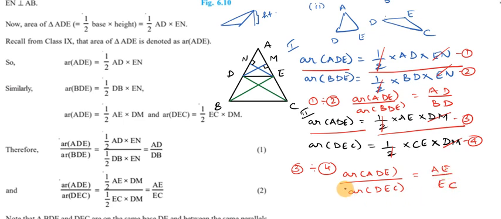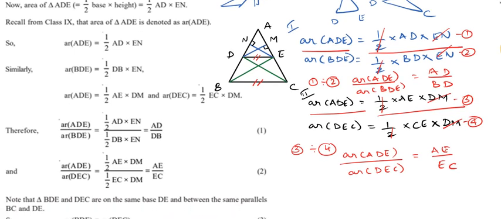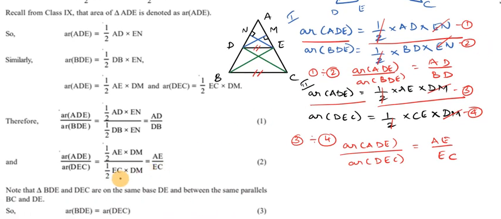We know that these triangles, that is my triangle BDE and DEC, are on the same base. What is the base? ED. And they are between the same parallels, because we are already given that DE and BC are parallel. So these two data we are given. So from this we can say that the areas of these two triangles are equal. What is equal? Area of triangle DEC and area of triangle BDE are equal.